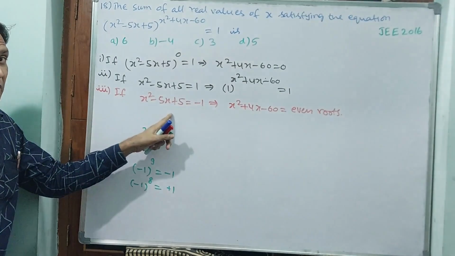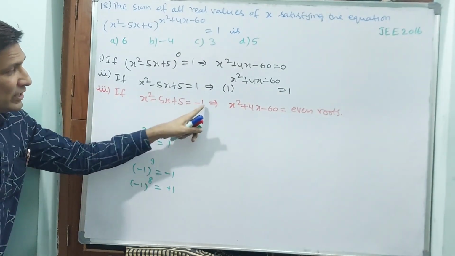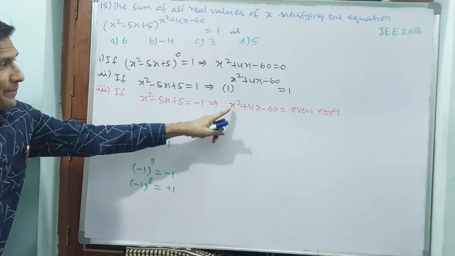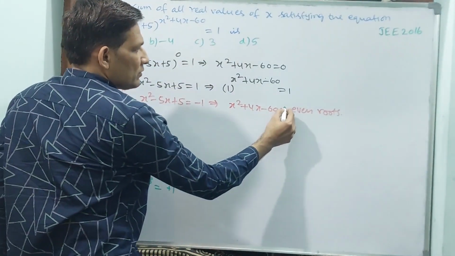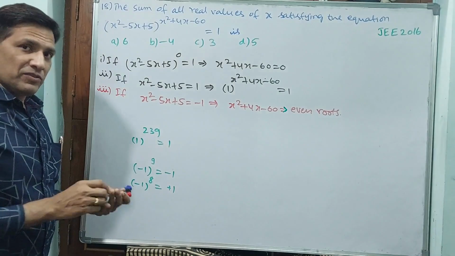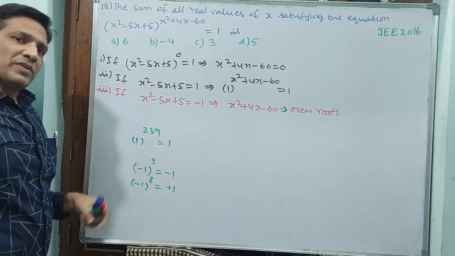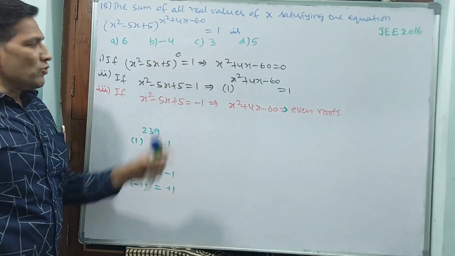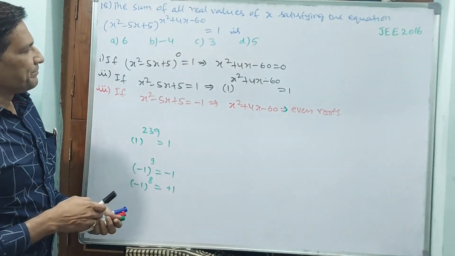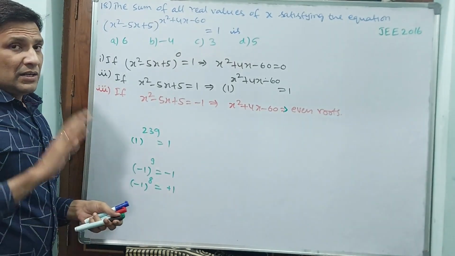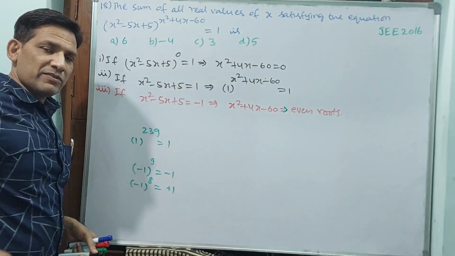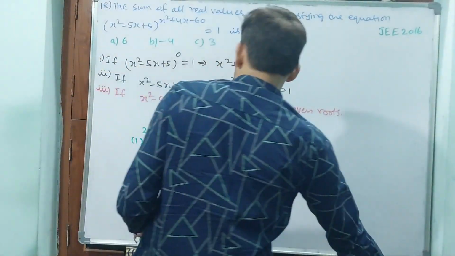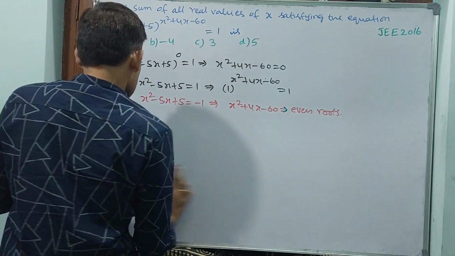Okay, that means in the third case, base you can keep minus 1, but the power x square plus 4x minus 60 should give an even number. If it gives an even number, then that time also it is equal to 1, and it is going to apply. Okay, see, 3 conditions we have to check, and whatever numbers come, we will note down. Okay, let us see these 3 conditions.